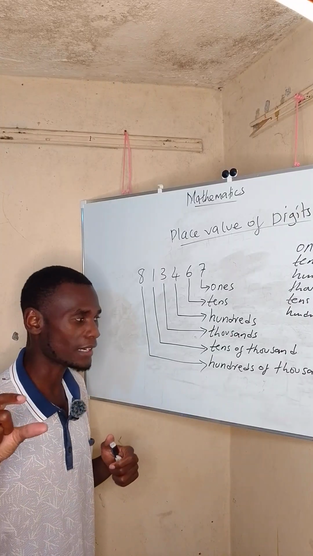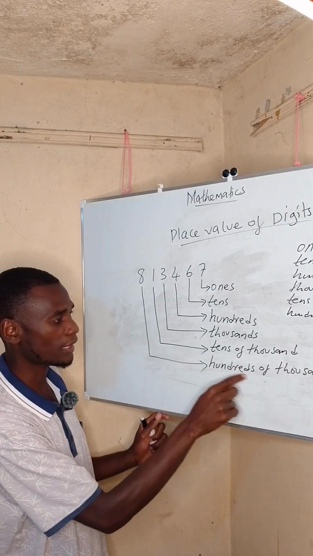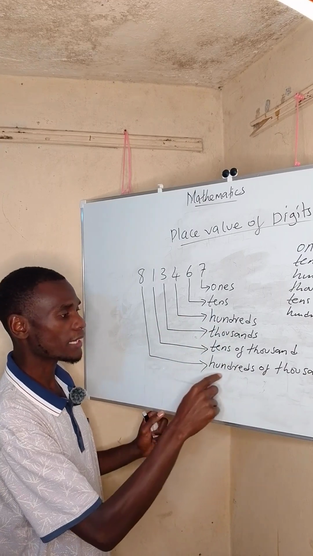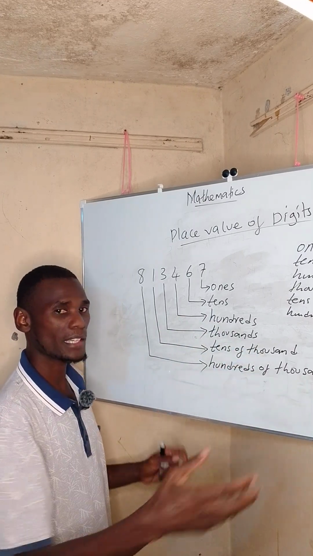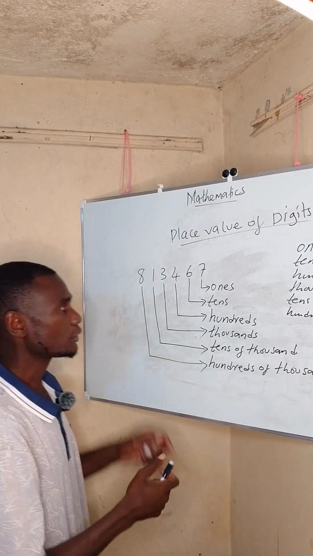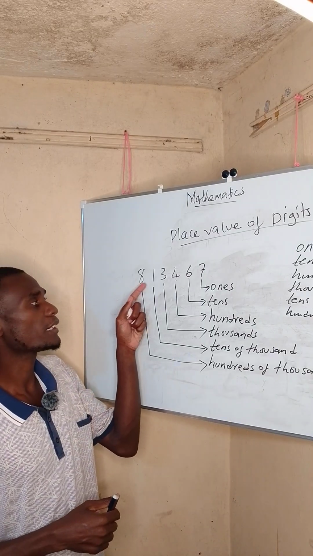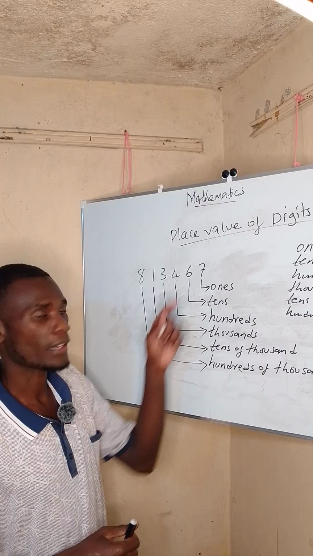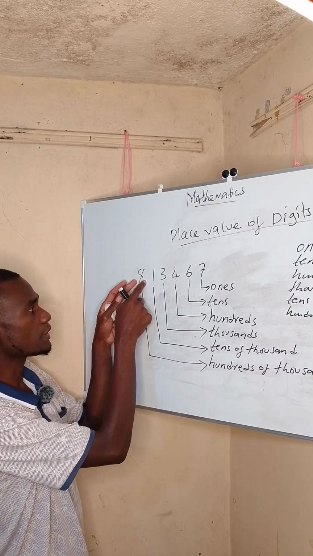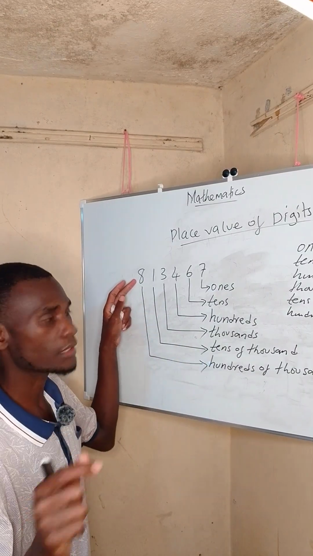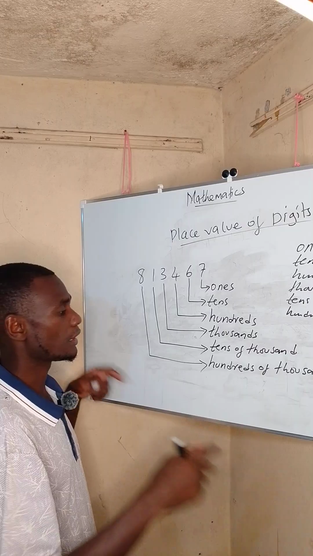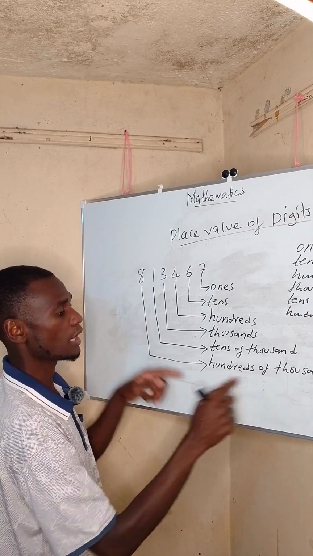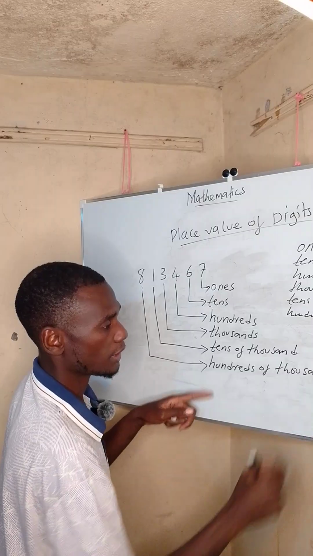We have this 100 and we also have this 100. So there are 2. But one is hundreds of thousand, another one is just the normal 100. So you will have 813,467. So this last digit here, the 6th digit from the right hand side, gives us the place value of that digit, which is hundreds of thousands.